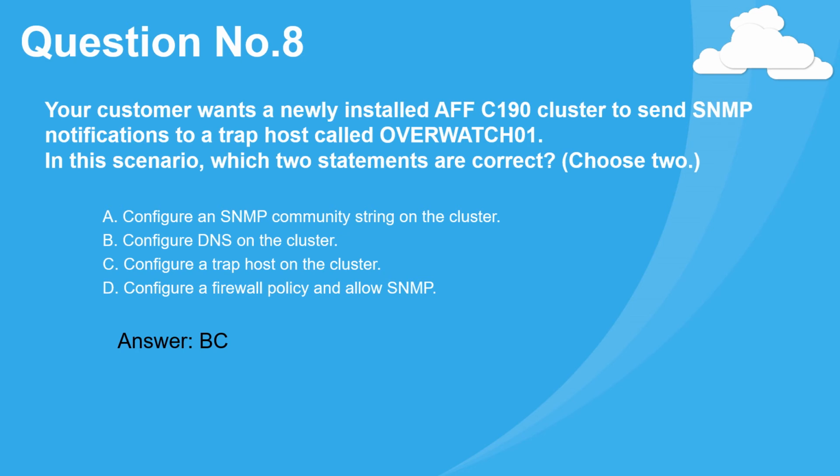A. Configure an SNMP community string on the cluster. B. Configure DNS on the cluster. C. Configure a trap host on the cluster. D. Configure a firewall policy and allow SNMP. Answer. B, C.